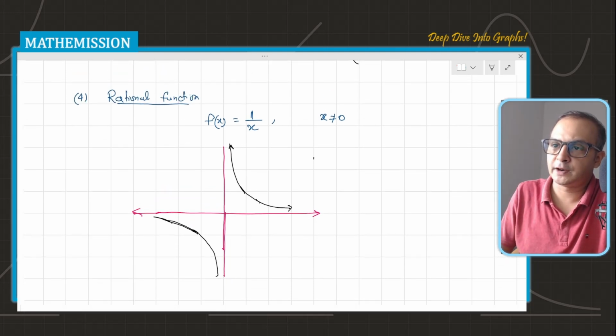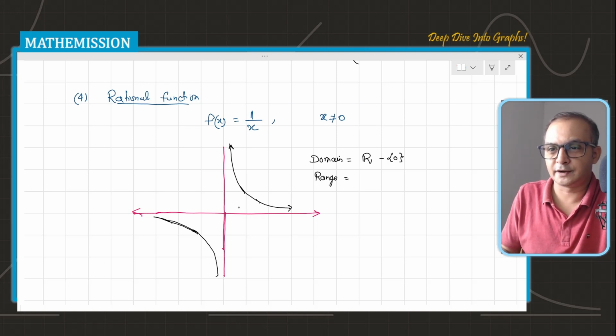And what about the domain and range? For this, the domain is all real numbers except 0, because 0 is the one number we cannot put in, which we have already excluded here. And the range is, you can notice, again not taking the 0 value, so again real numbers except 0.